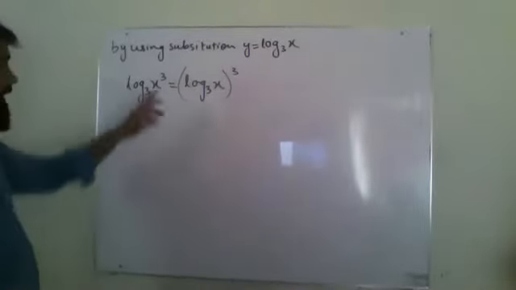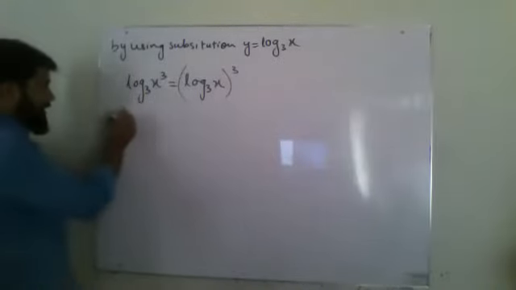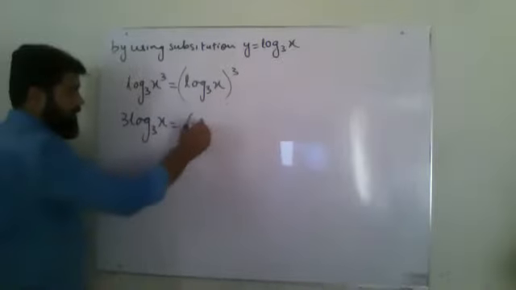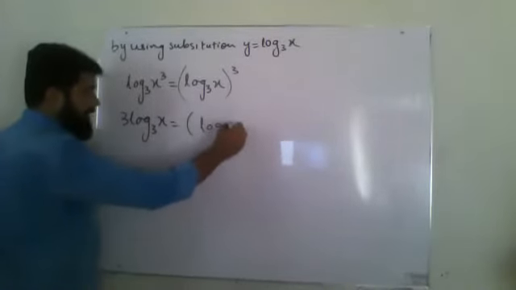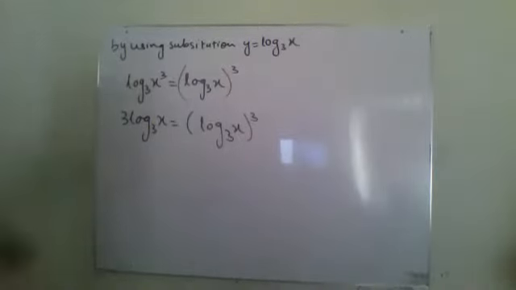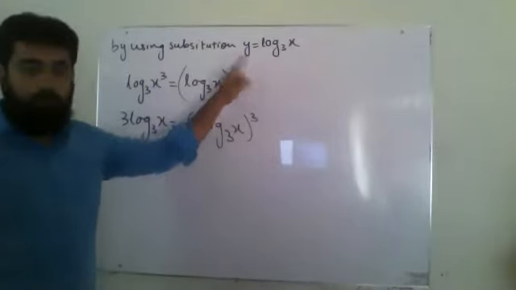So now what will I do? This 3 will be shifted before log. 3 log 3x equals (log 3x) whole cube. After this, they have told me that log 3x will be equal to y.